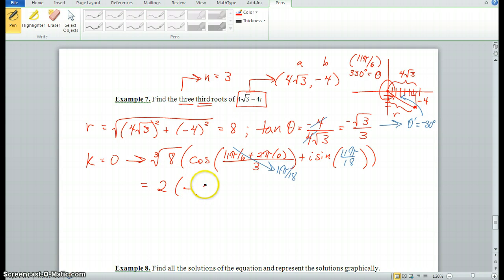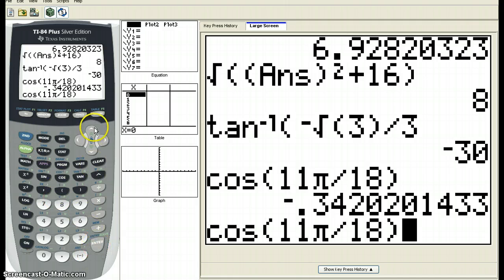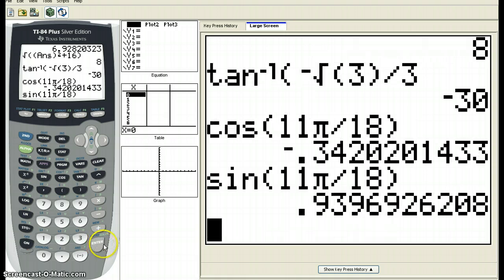And negative 0.342 plus i times the sine of that radian value. Well, what's the sine of that angle? Let's just type in second, enter, and then retype over the cosine, making it a sine. So the sine of 11 pi over 18, 0.939.